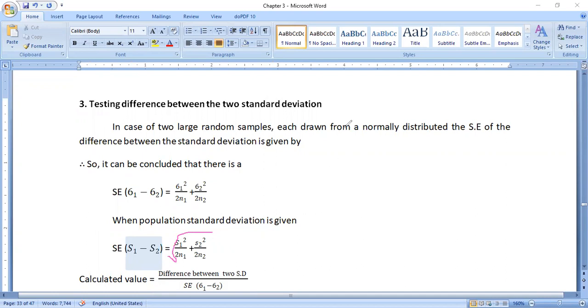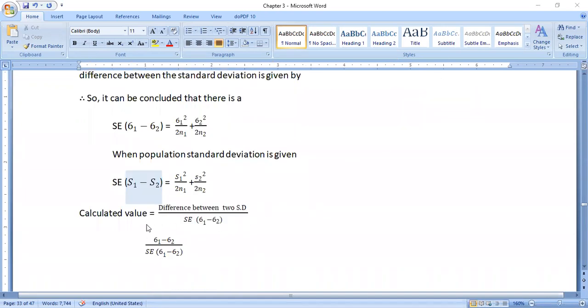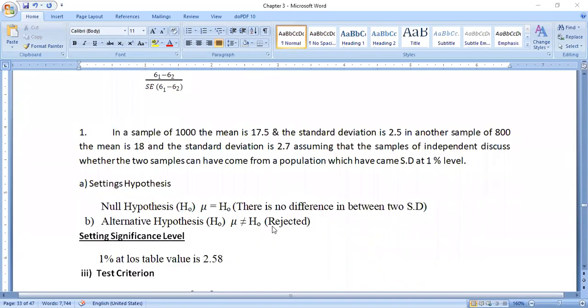Then the calculated value is the difference between the two standard deviations divided by the standard error of standard deviation 1 minus standard deviation 2. Okay, so I'm moving to the problem.